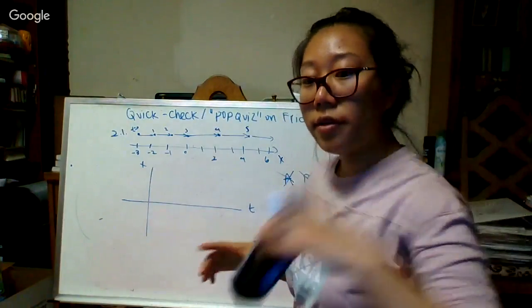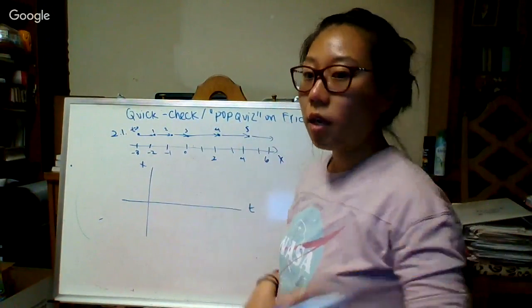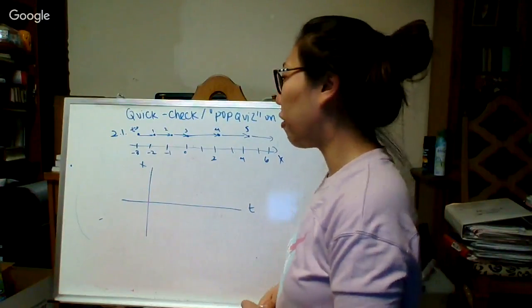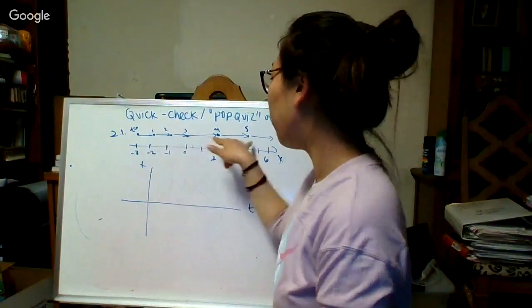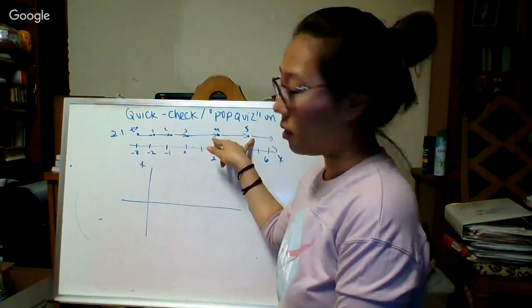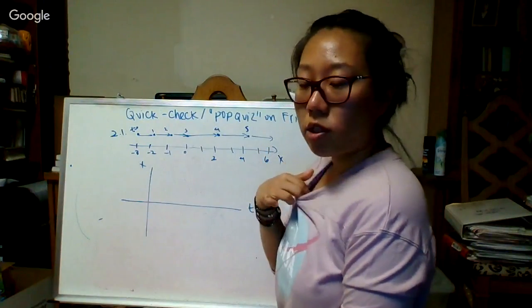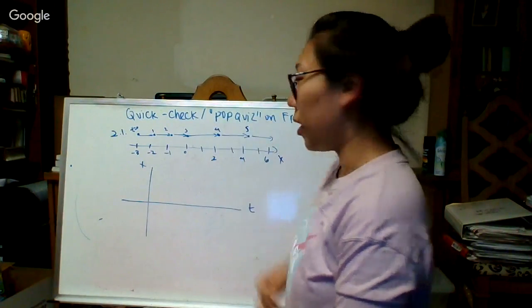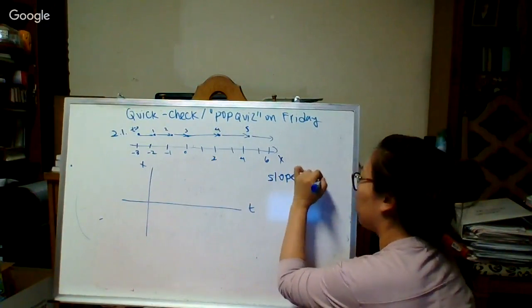And then you can also eliminate C, because C says that it increases at a constant rate, but you can see that this is basically half of this increase. So it's not C. The speed at which something increases, the steepness of the slope, has something to do with velocity.